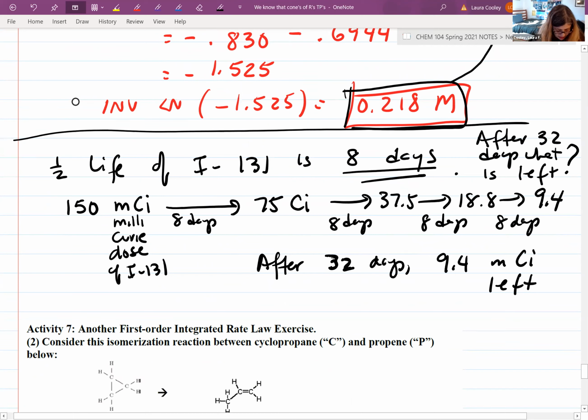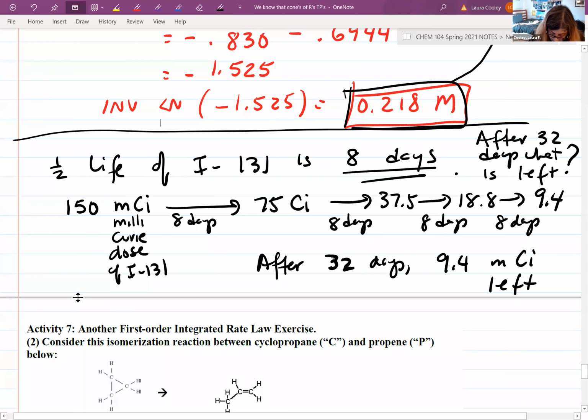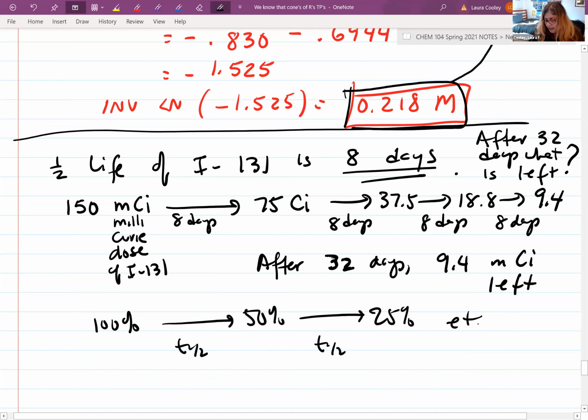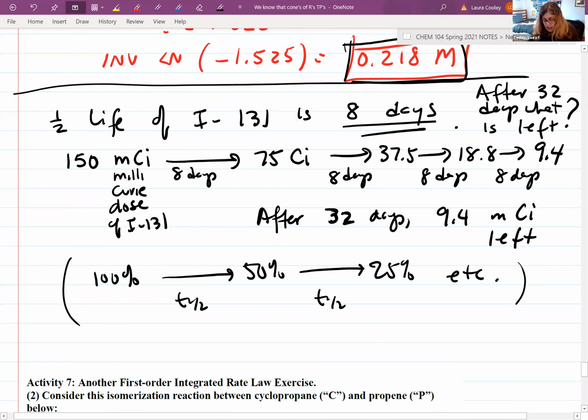But anyway, I don't have to carry it anymore because it's way past, it's probably not detectable anymore. Now, some of the problems in the homework deal with the percent that remains. And that's really just an application of the same thing. You'd start out with 100%. After a half-life, you'd end up with 50%, and then 25% after another half-life, et cetera. So it's good to keep in mind the percentages.